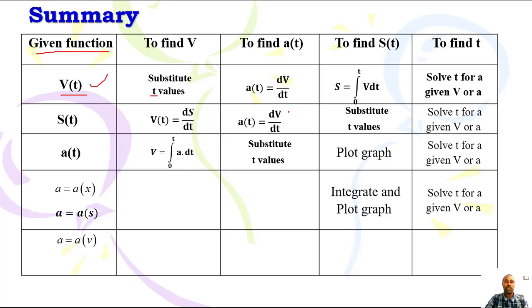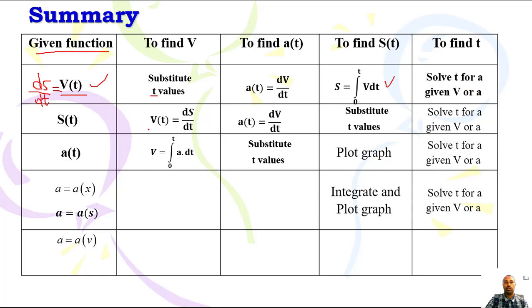To find s of t, you integrate v dt, because v is ds over dt; if you cross-multiply, then s is the integral of v dt. And solve for t for a given v or a to find the time.